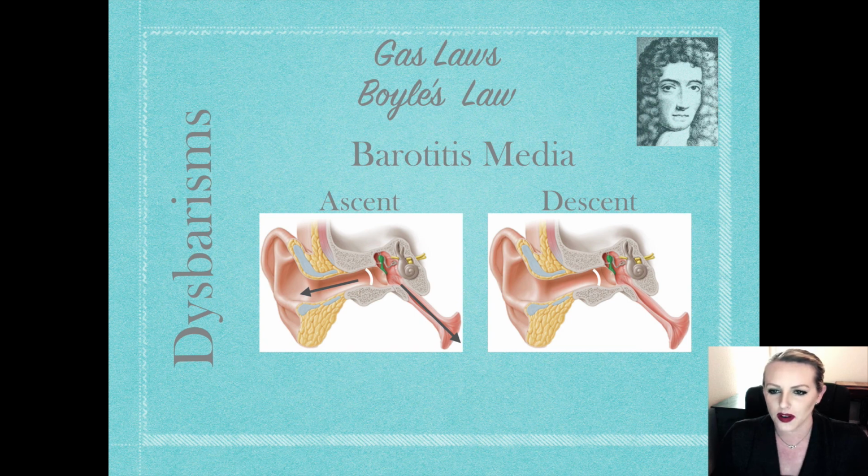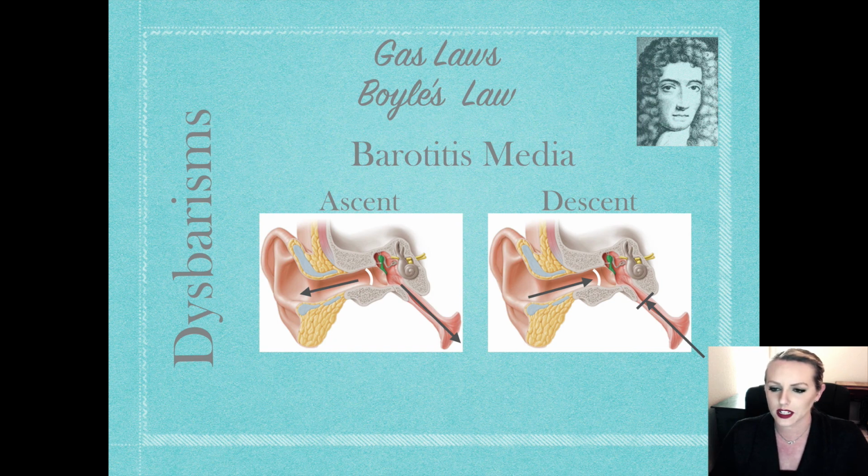However, when we're in descent, now we're all normal, but the pressure is now more on the outside of our ear. We cannot easily clear that eustachian tube to bring air back in, whether it be from clogged eustachian tube, dirt, grime, nastiness, whatever it may be, or you just have a cold.